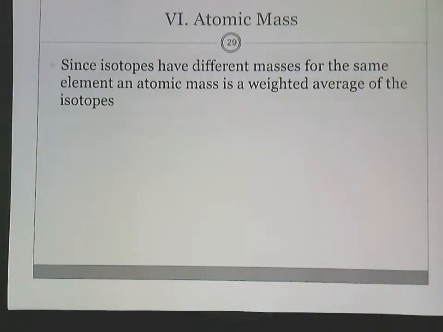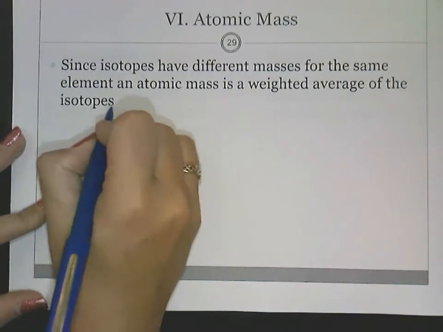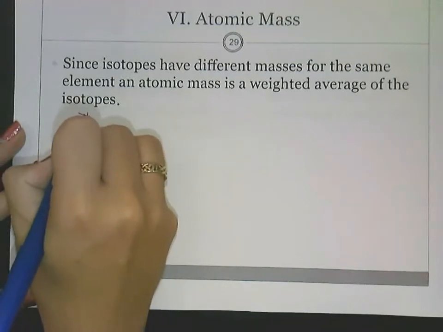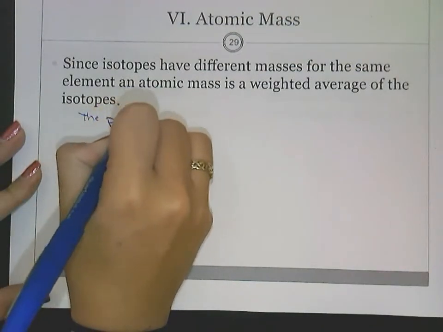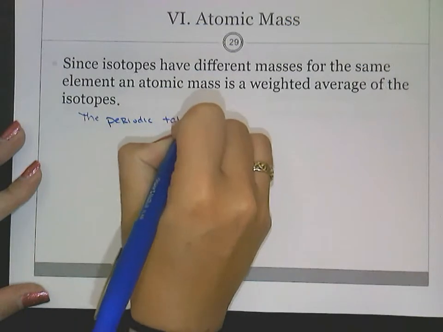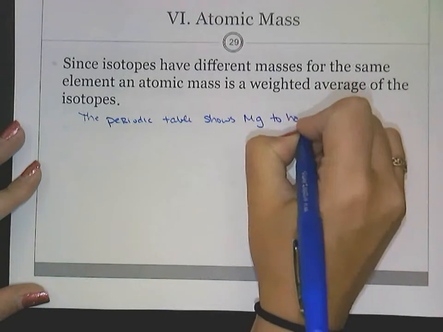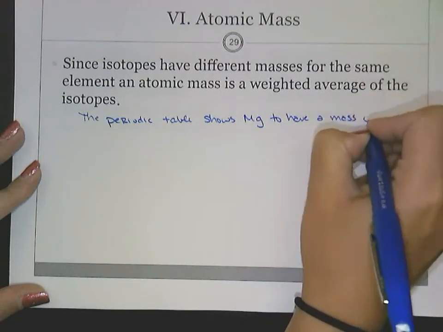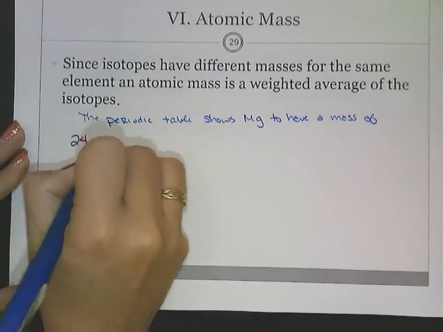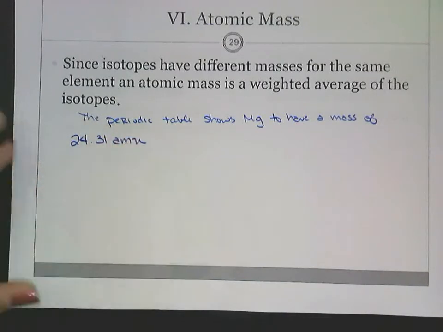So let's take a look at magnesium again and see why that is. The periodic table shows magnesium to have a mass of 24.31, I'm rounding a little bit, atomic mass units. And we also knew that magnesium had three different isotopes.